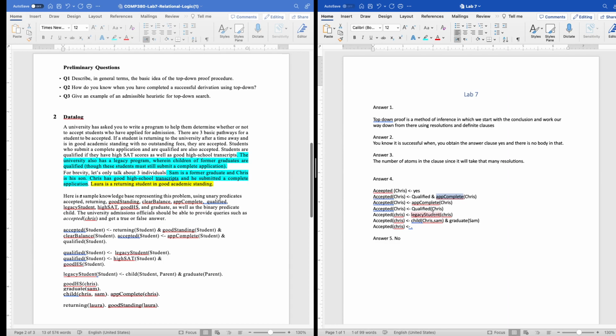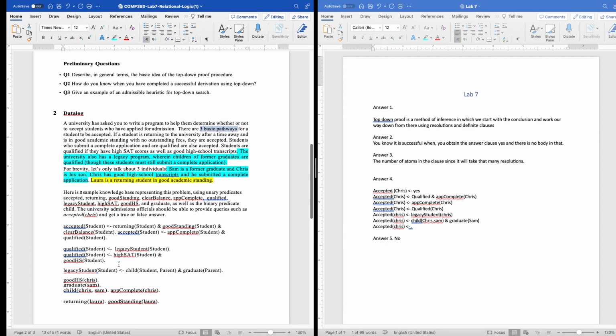For qualified, we first check which of the three pathways he is using. He is using the legacy student pathway. In the legacy student pathway, the parent must be a graduate. So Sam is a graduate.